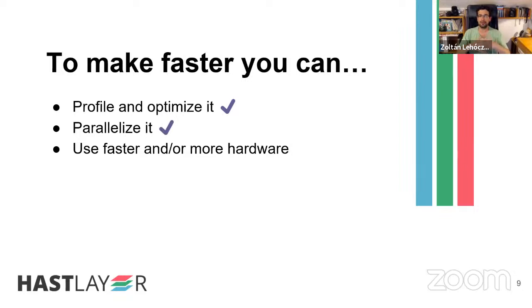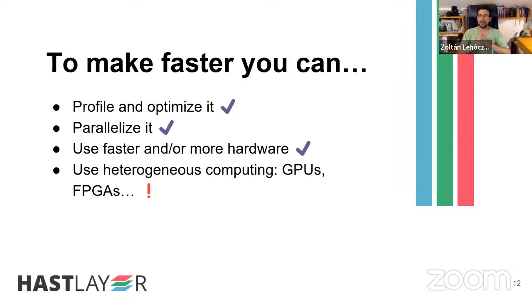And finally, of course, you can use faster hardware or more hardware, so scale up, like in the cloud, or scale out. Now, let's suppose that you have already done that, or you have exhausted all the viable options here. So you can continue to throw money at the problem, but you are getting diminishing returns. So what else can you do here? Well, you can take a heterogeneous computing approach.